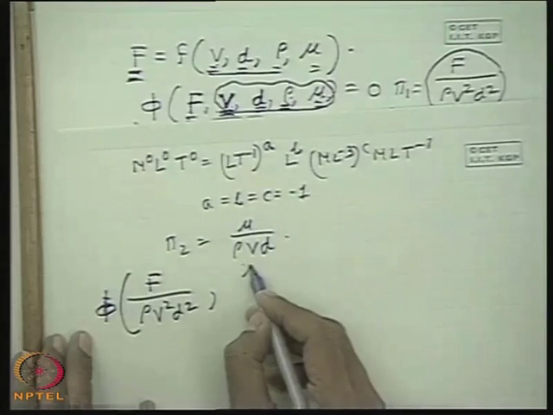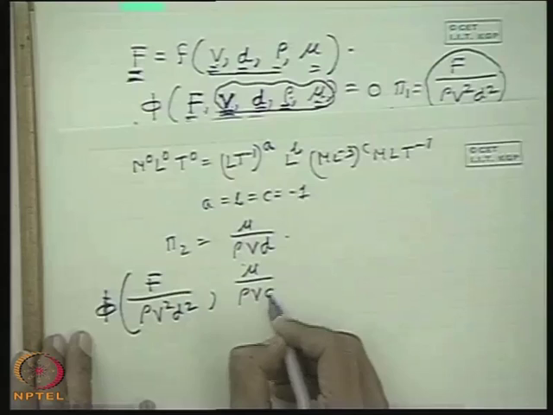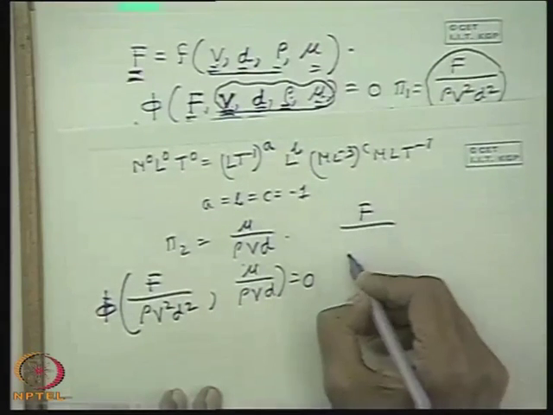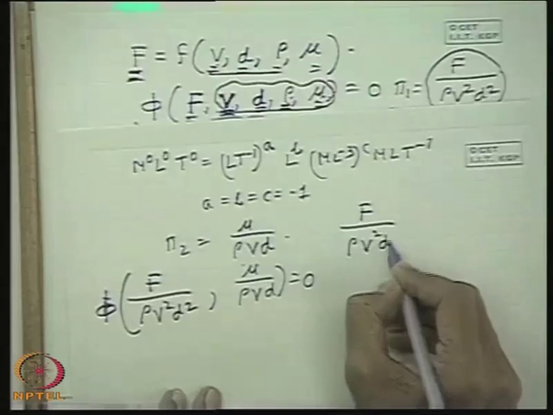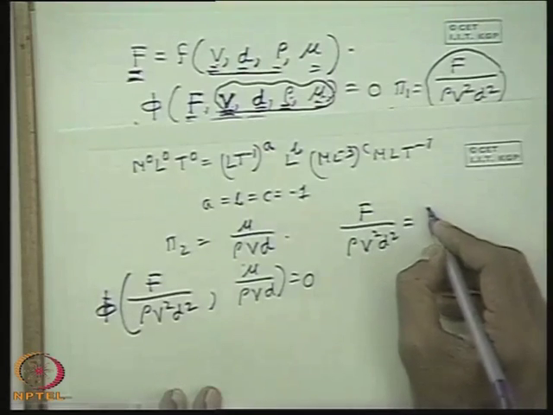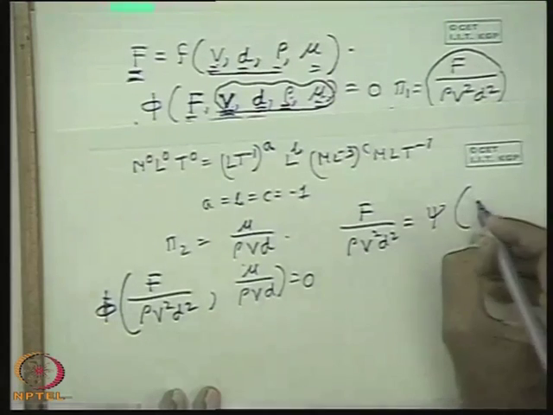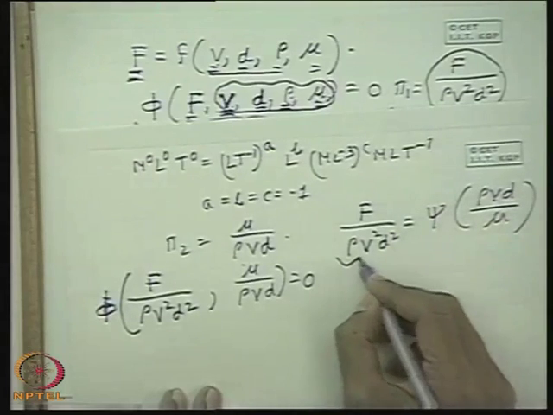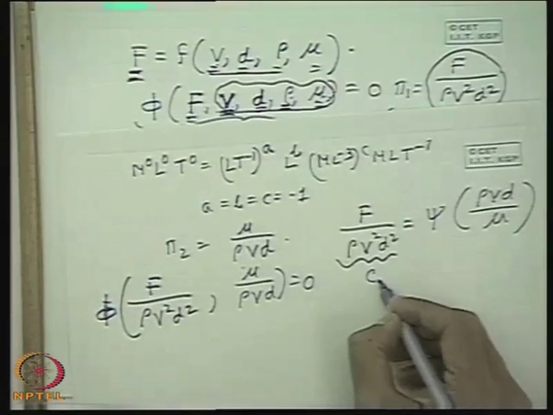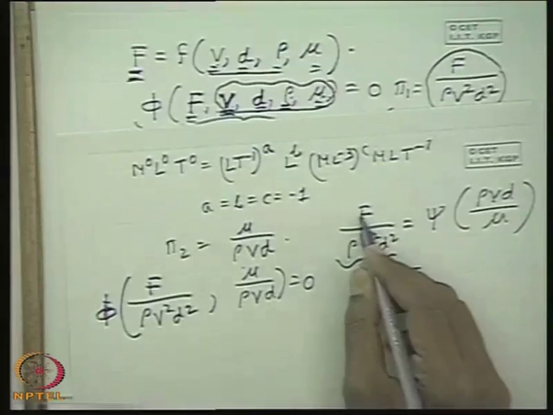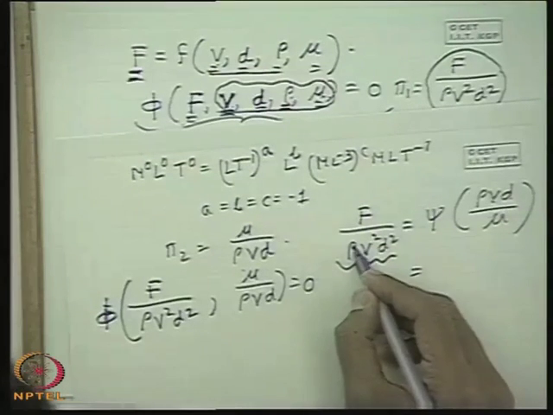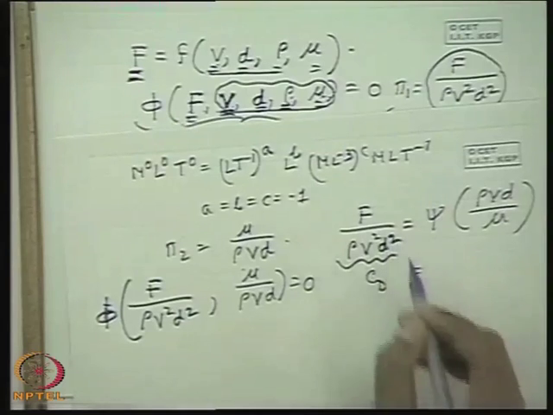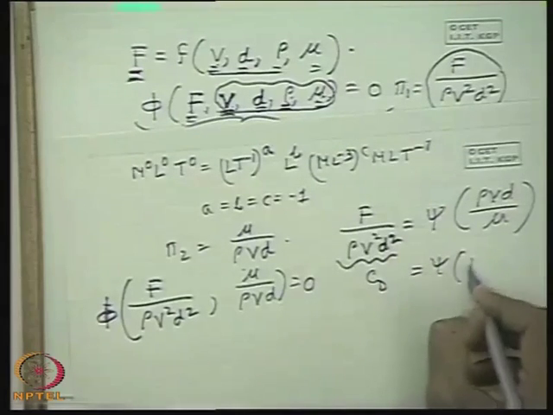Or we can write F by rho V square D square is a function of, just I can make a reverse, rho V D by mu. That is known as the conventional drag coefficient. That is drag force divided by the dynamic head, 2 is not there, rho V square, times the square of any characteristic dimension. So that is a function of Reynolds number.